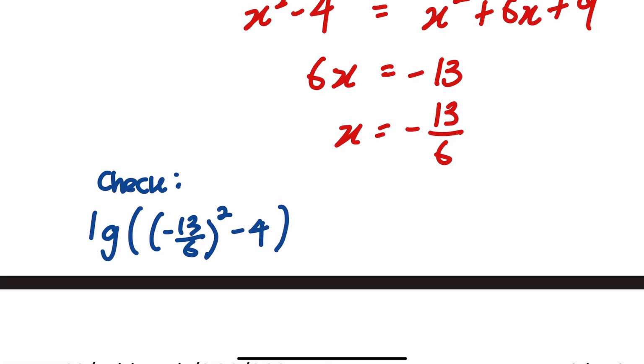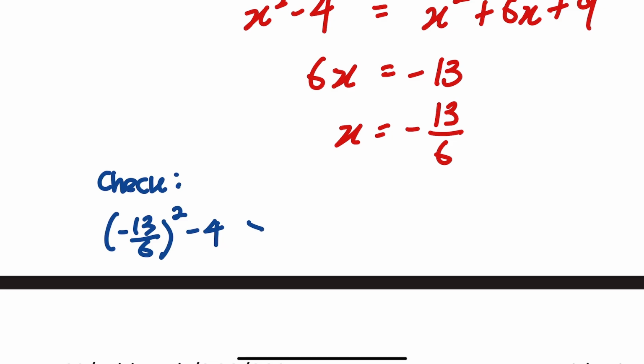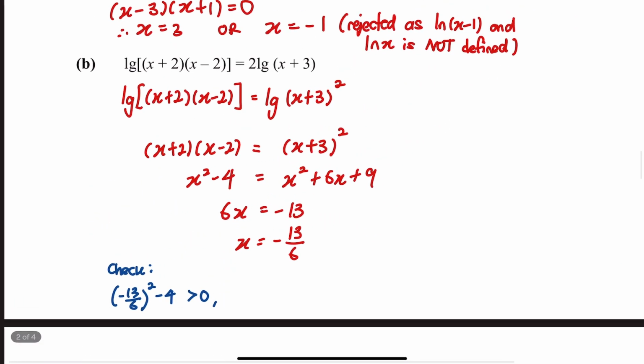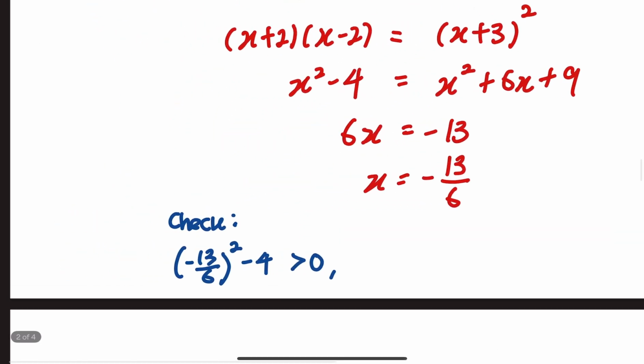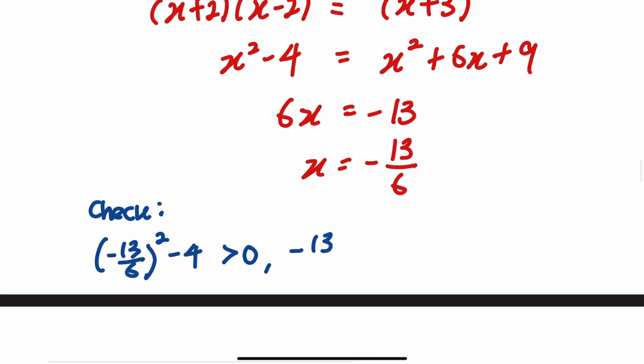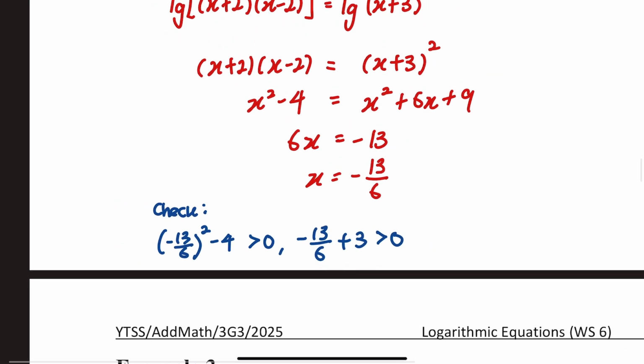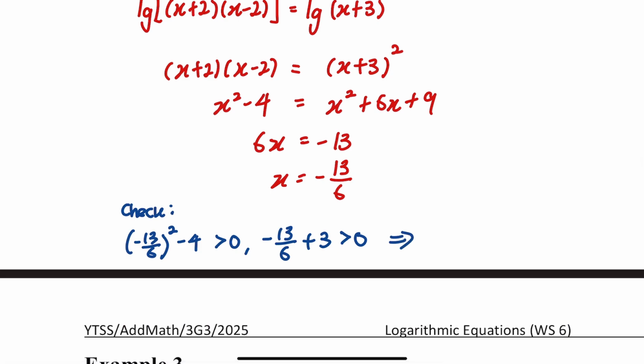I just need to check the number, so I can note that this portion here is more than 0. Next part, x plus 3. I check negative 13 over 6 plus 3. This is also more than 0. Therefore, x equals negative 13 over 6 is a valid solution.